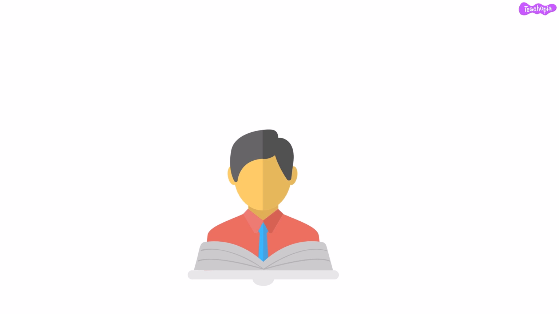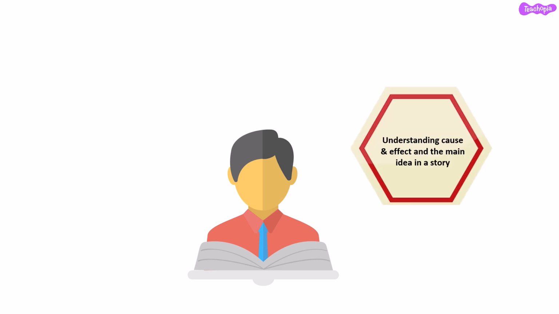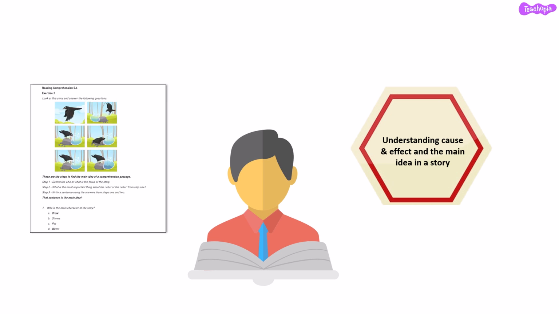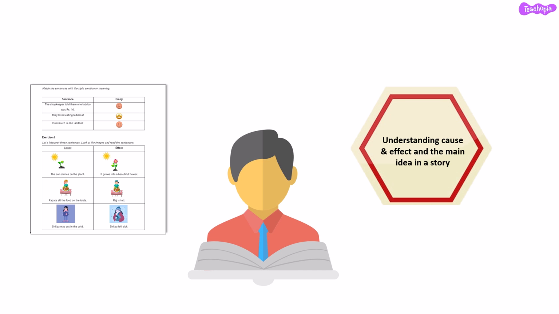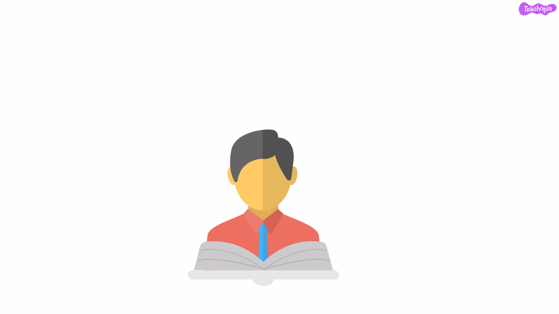If the learner is unable to understand cause and effect in a statement and therefore comprehend the main idea in a story, redirect them to activities under reading comprehension that help learners to understand cause and effect through picture comprehension and how they can be written down as a statement.